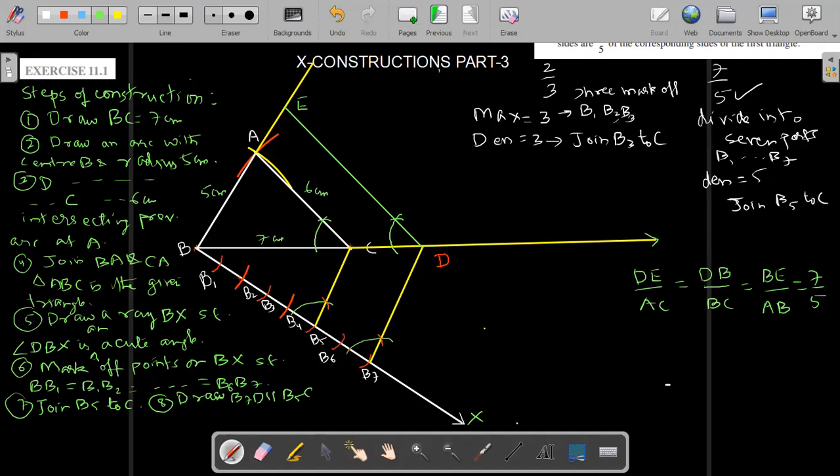Then ninth point, after this, draw DE parallel to CA.